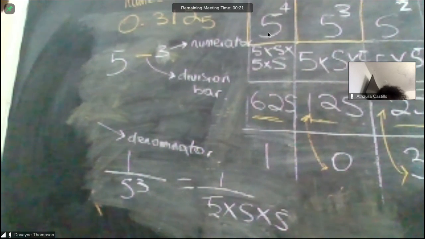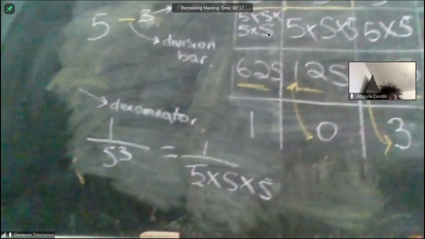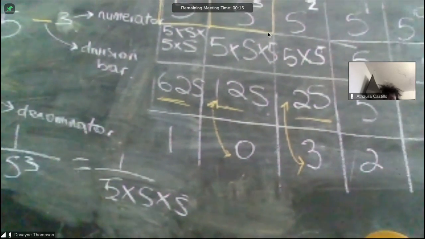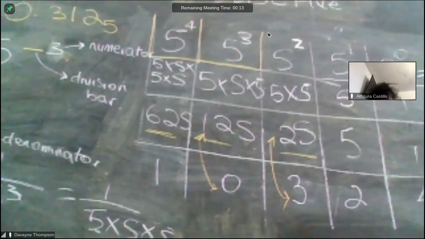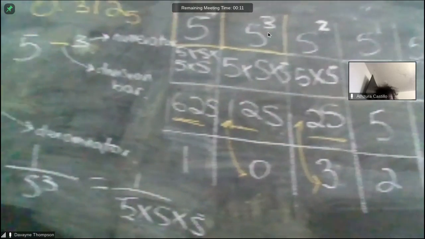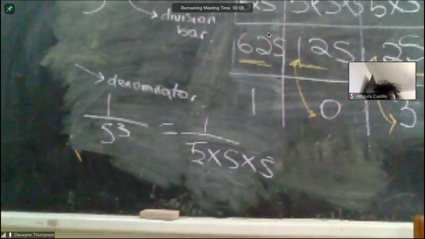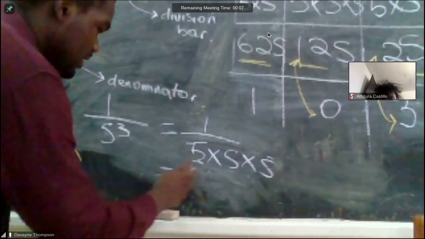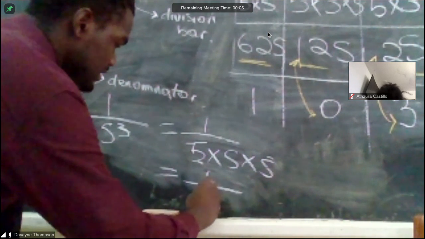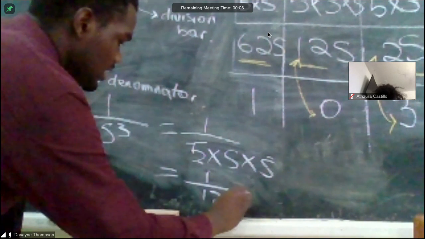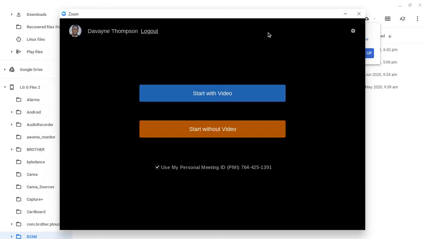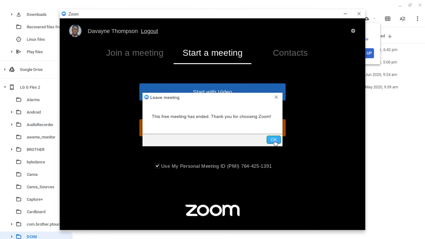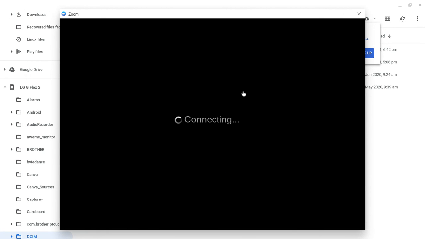And 25 times 5 gives you? Look at the table. 125. There you go. Good job. I like your reasoning. You evaluated it and said it was going to be the same thing as 25 times 5. So the answer is going to be 1 divided by 125.